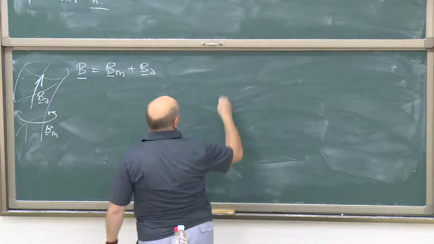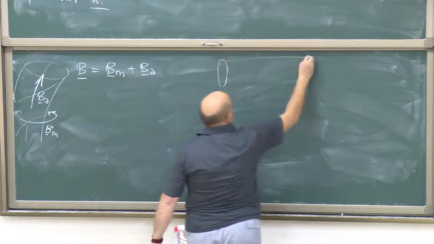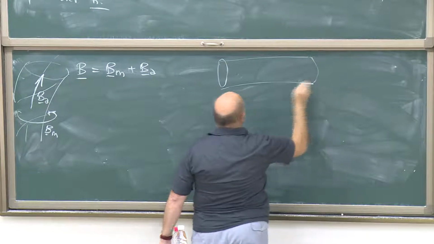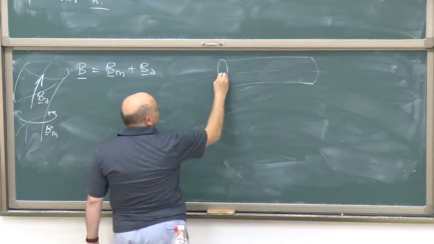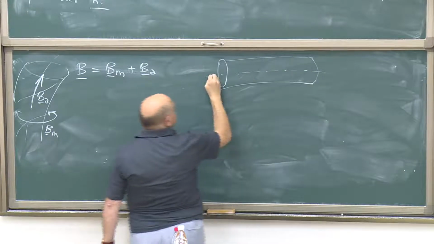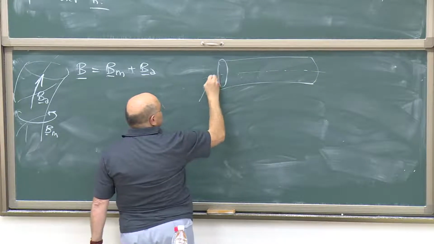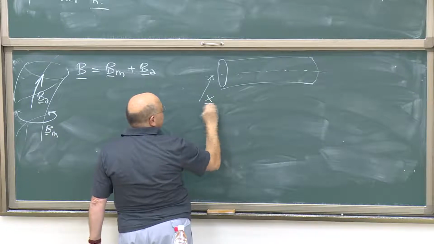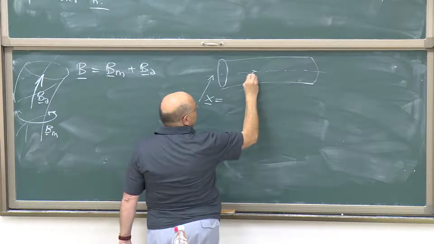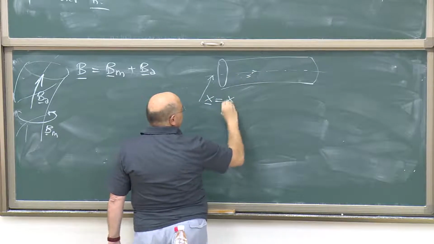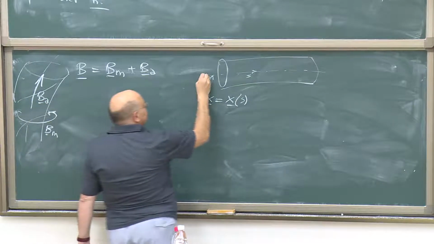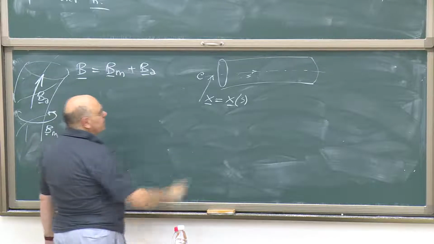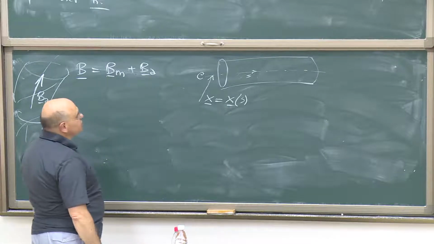One way to talk about the twist is to think of a cylinder and to refer everything to the center line of this cylinder. The center line, I will call it X, with an arc length s, so that my curve, the center line of the tube, is given by this position vector.